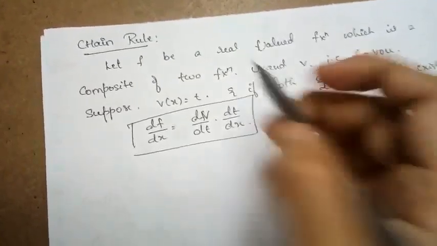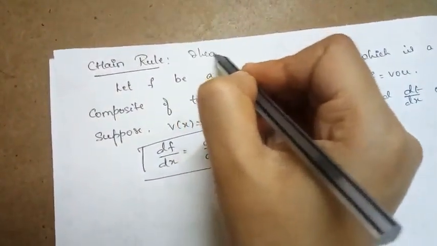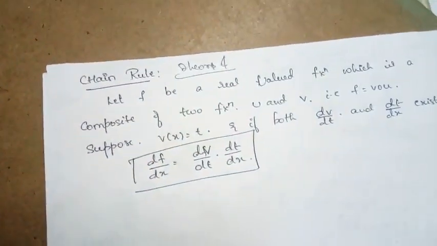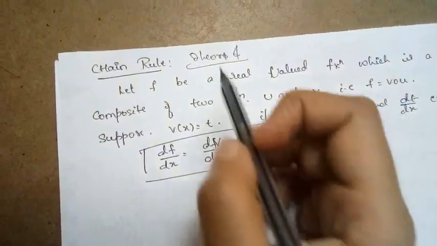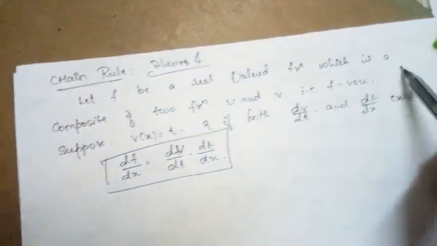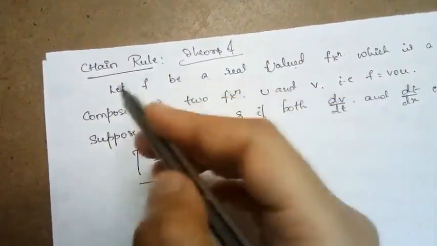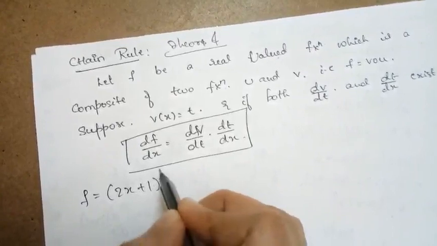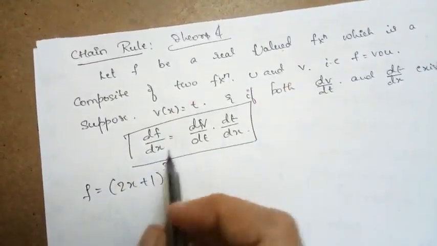So theorem 4 is nothing but our chain rule, which I have mentioned previously. What does that theorem state here? If f is a real valued function which is a composition of two functions, as I said, I considered a function f as 2x plus 1 whole cube. Here it is a composition of two functions.